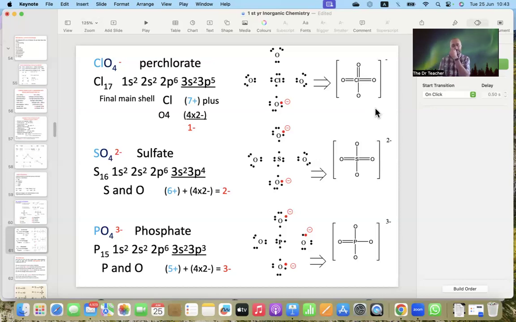We call it one group. This group has -1. So -1 perchlorate, if it reacts with sodium, it will be sodium perchlorate. Only one sodium is used. If magnesium, the magnesium comes with 2 electrons. So we need 2 groups of perchlorate to make a molecule with the magnesium.